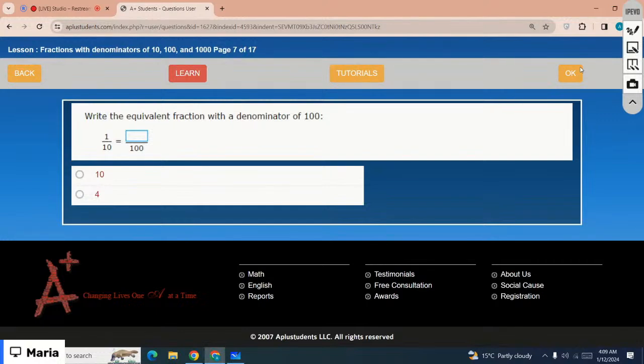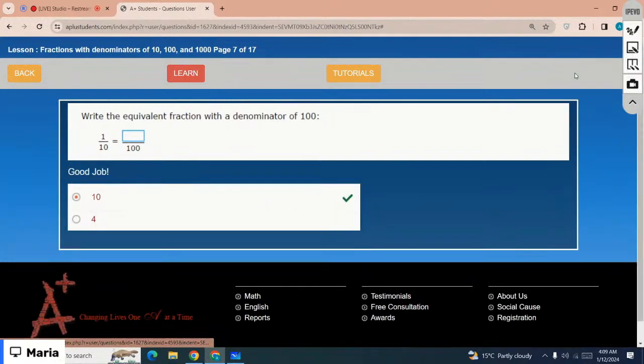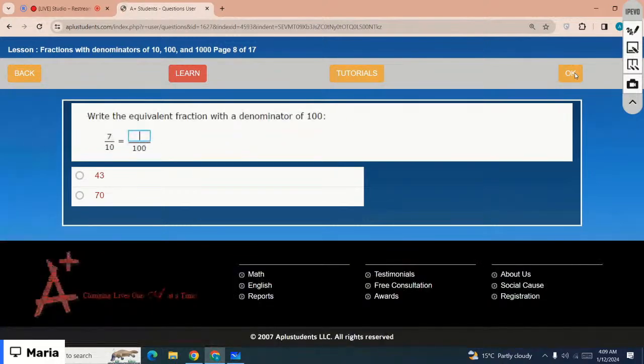Write the equivalent fraction with a denominator of 100. So which is the correct option? The correct option is 10 over 100. Very good. Okay, the next one is write the equivalent fraction with a denominator of 100, which is the correct option?